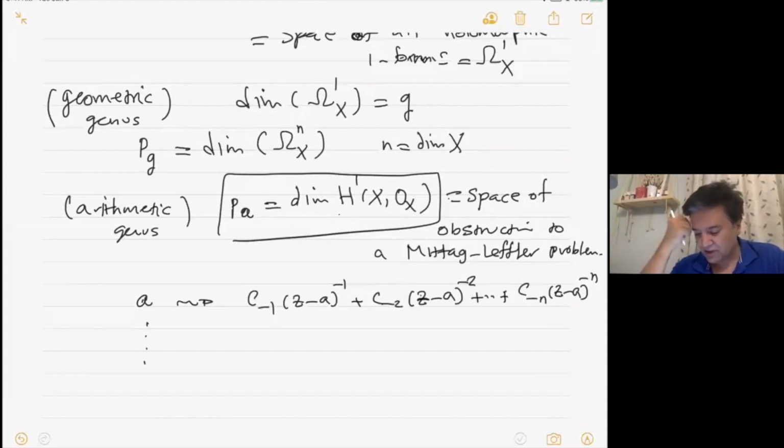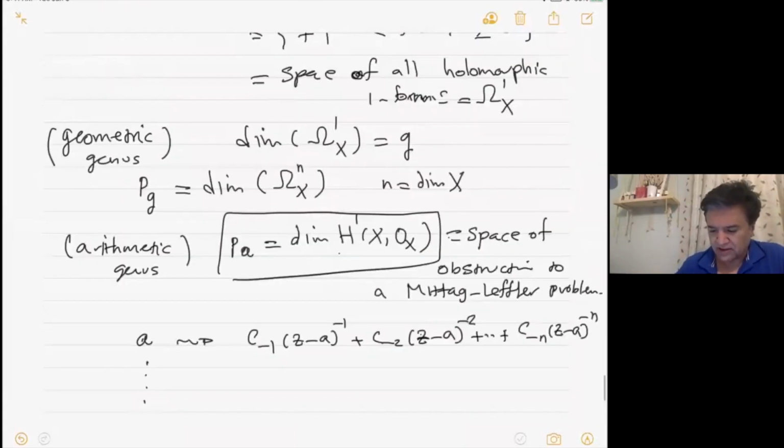But in fact, one can describe it even more concretely by the space of adeles. This was described by Andre Weil, in a proof of Riemann-Roch that I'm going to explain, but not today. And that proof has the advantage of being able to be generalized and work for any field.